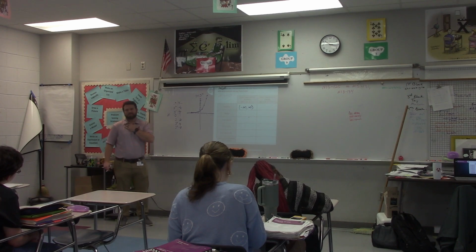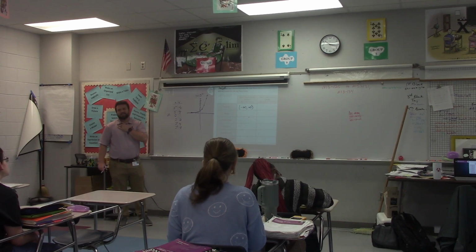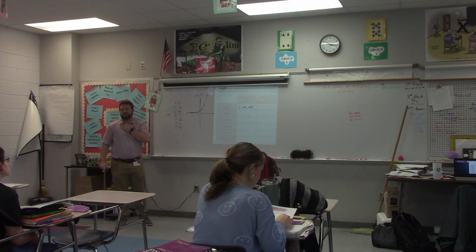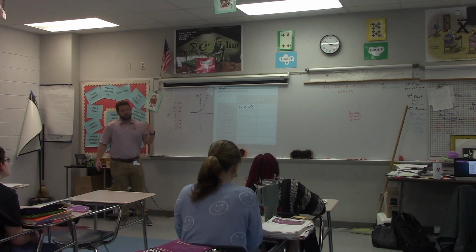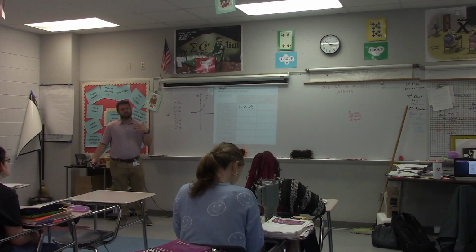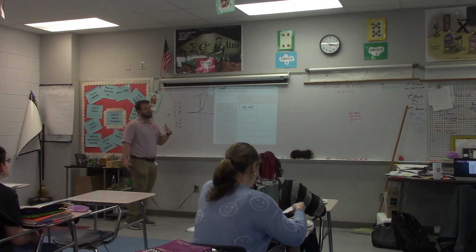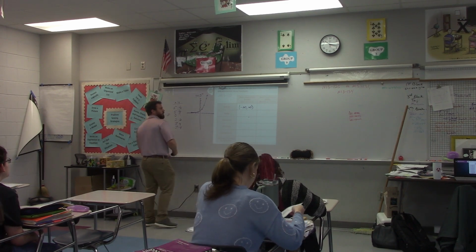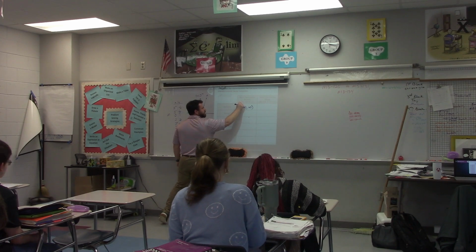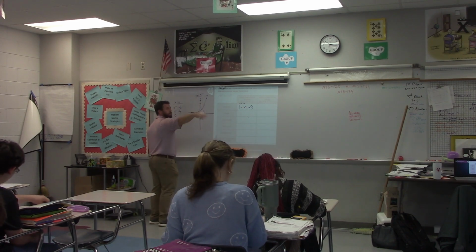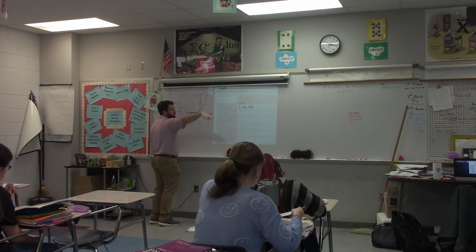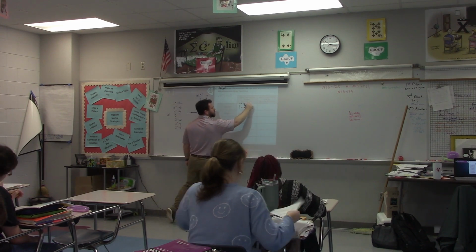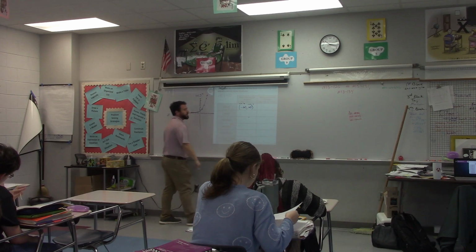Okay, so inputs, what else? It never stops moving across the X axis. So it never quits going across, was it the X or the Y? The X, so notice it never quits going to the left, so my minimum X is negative infinity. Does it ever quit going to the right? So my maximum is positive infinity. Cool. That's all I want to see.